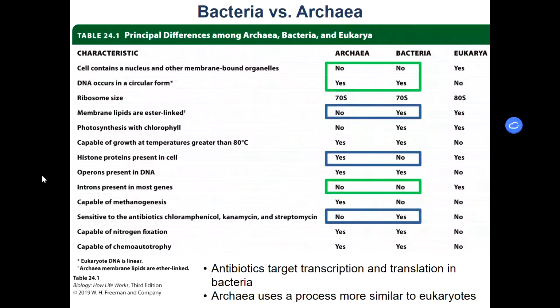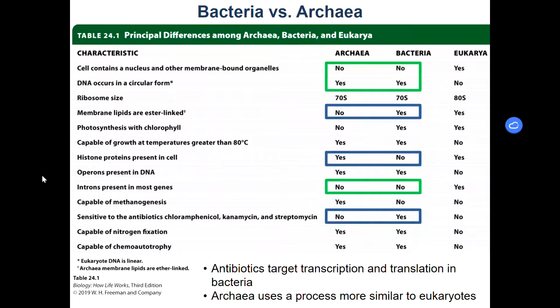So if we're looking at bacteria versus archaea, there are certain similarities between the two domains, and then there are some very distinct differences. One thing that they both share in common is that their cells do not have a nucleus or other membrane-bound organelles. Their DNA does occur in a circular form, and it's free-floating within the cytoplasm.